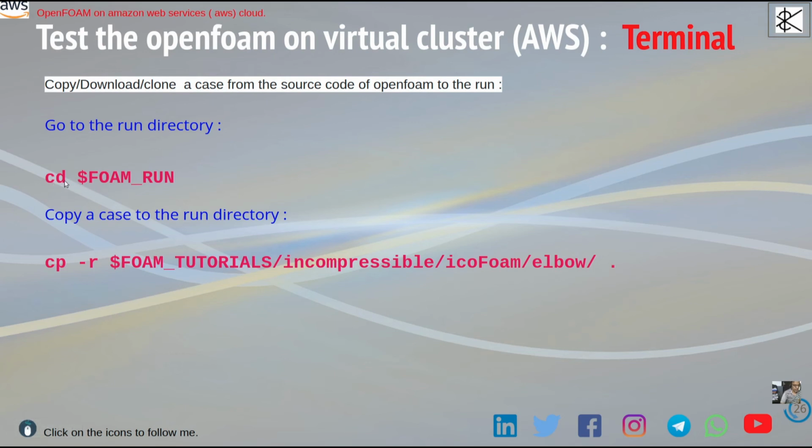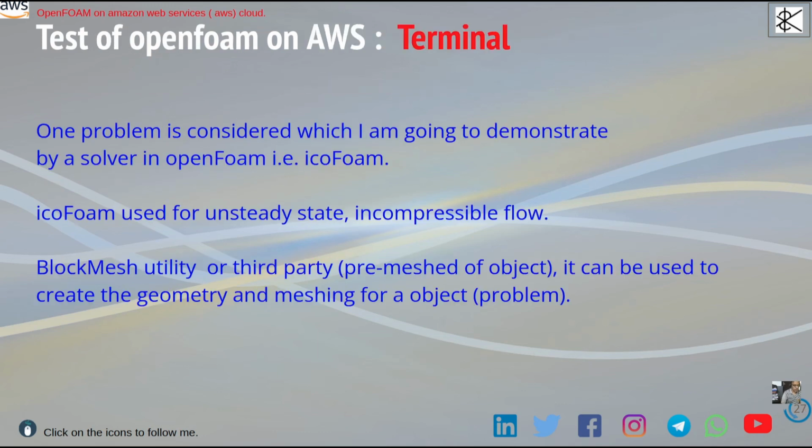Either you can go to the run directory, or put the run command, and it will take you to the run directory. Or you can cd with the environment variable, and it will take you to the same run directory. After that you can copy any tutorial into the AWS run directory. So this is the test basically.